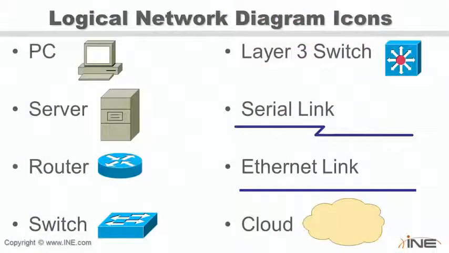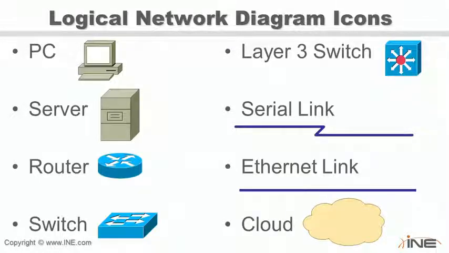As long as I send my data to them and it comes out on the other side, that's really all that I care about. So any diagram where you see a cloud like this just means that there are some networking devices in there, but you don't really care about the details of them.